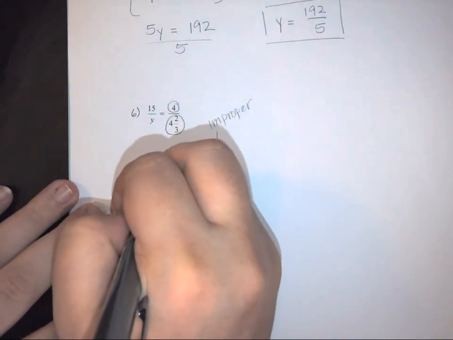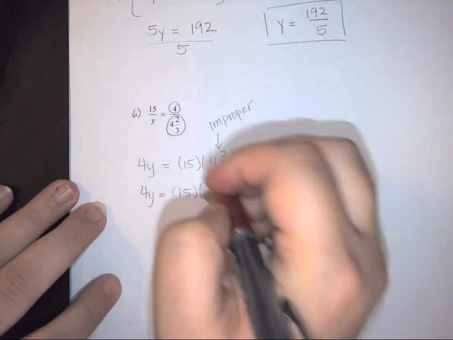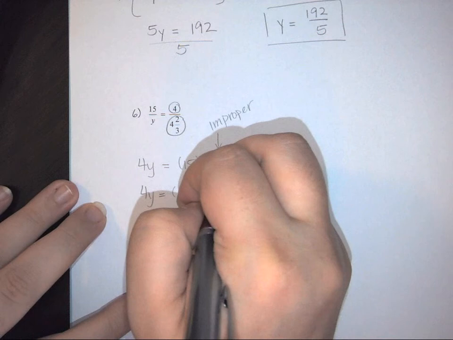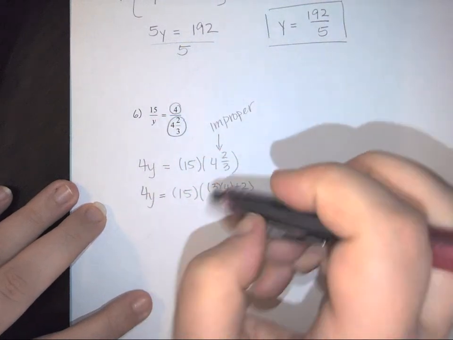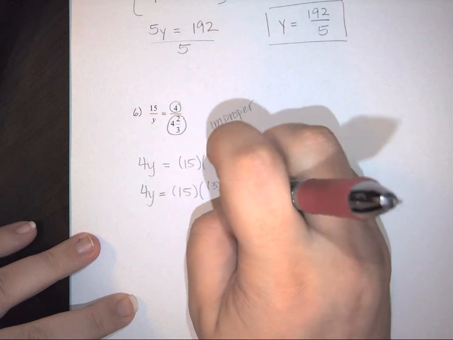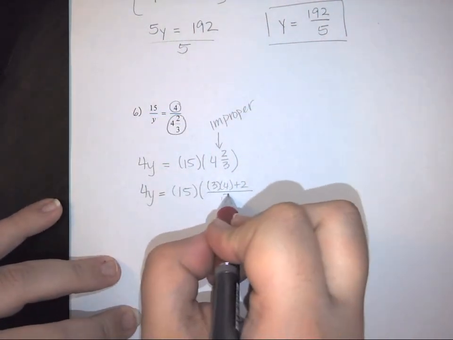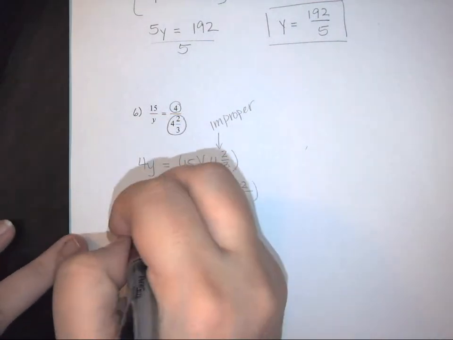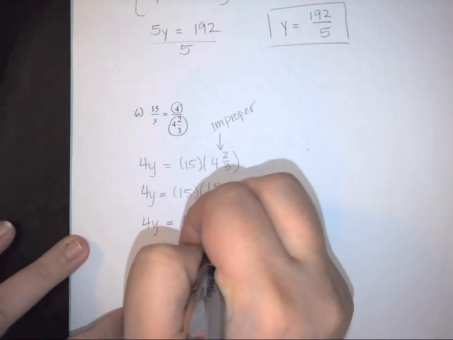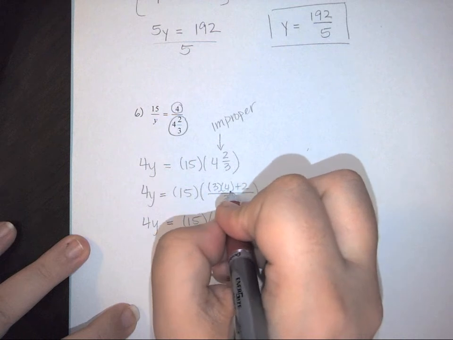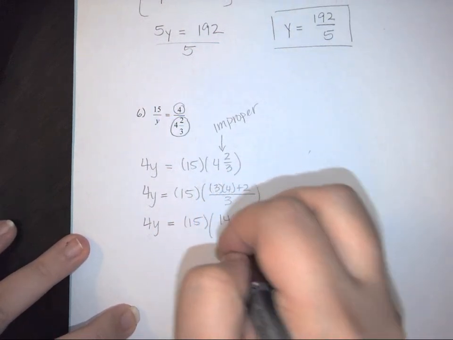So my 4y is going to equal 15 times, and then one more time it's going to be bottom times the big number plus the top, and the bottom stays the same. So my 4y is equal to 15 times, 3 times 4 is 12 plus 2 is 14, so 14 over 3.